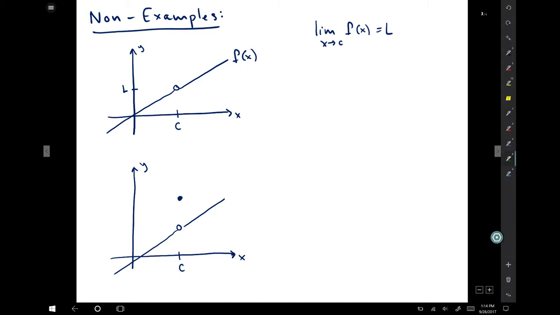So here, if we go over and we map up and we map over, we get some value L. But what we notice in this picture is that f of c is undefined. So we are missing condition 1.